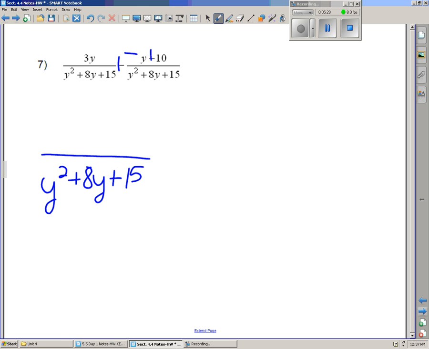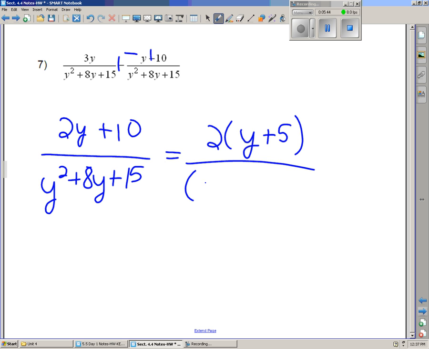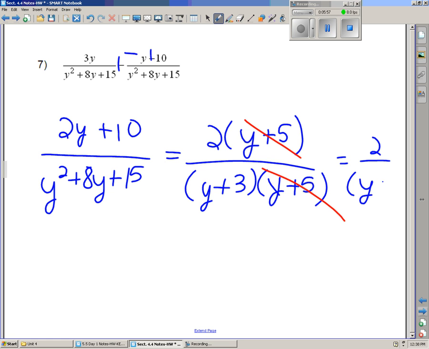When you combine like terms, 3y minus y is 2y, and then it's going to become 2y plus 10. You can factor both top and bottom. Top by GCF, 2 times y plus 5. Bottom by IM, y plus 3 times y plus 5. The y plus 5s can cancel each other out, and your final answer is 2 over y plus 3.